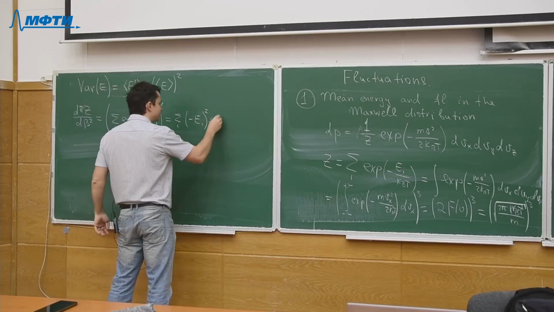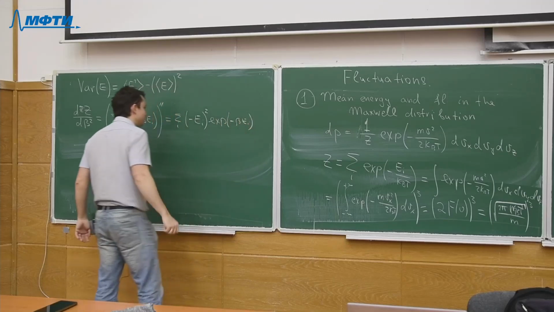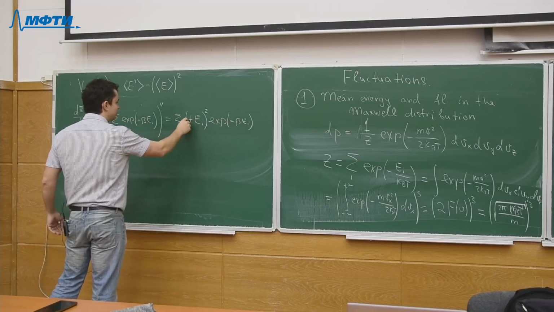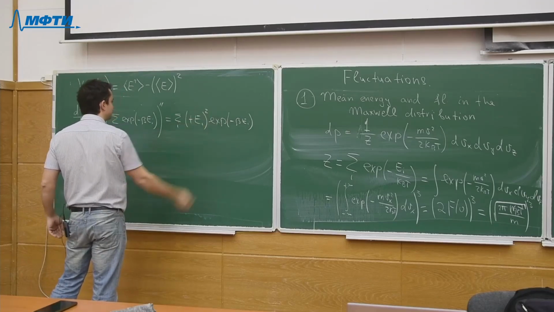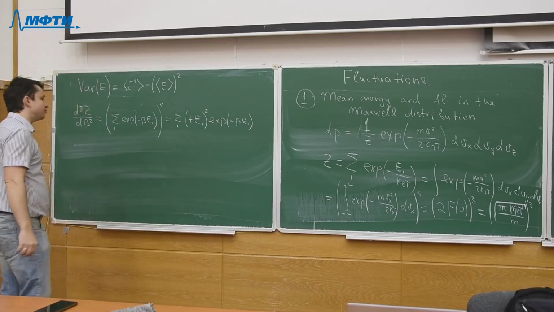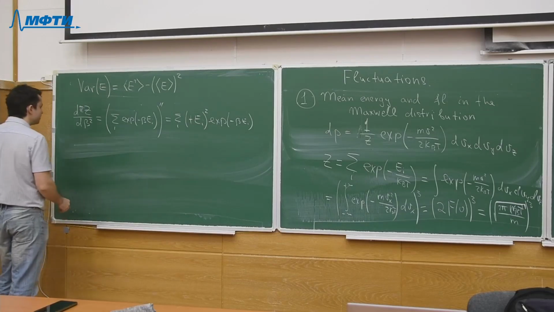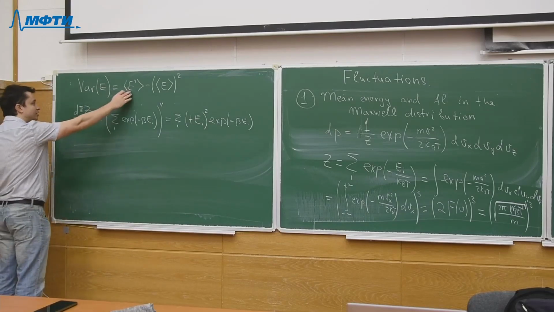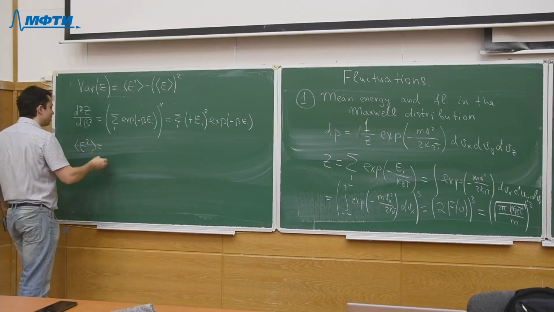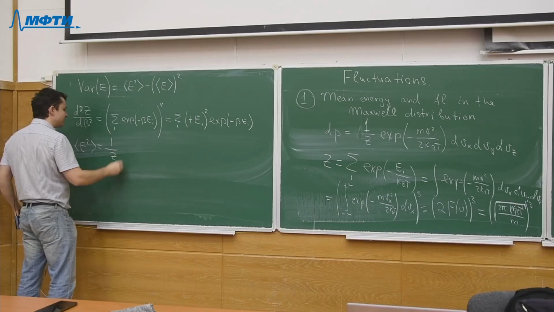So that would give me, eventually, actually, well, I can change here minus to plus because I have energy squared. So I have this one, and what's left for me to do for calculation of the variance of energy is, to calculate the average square of energy, I just need to divide all of this by z.